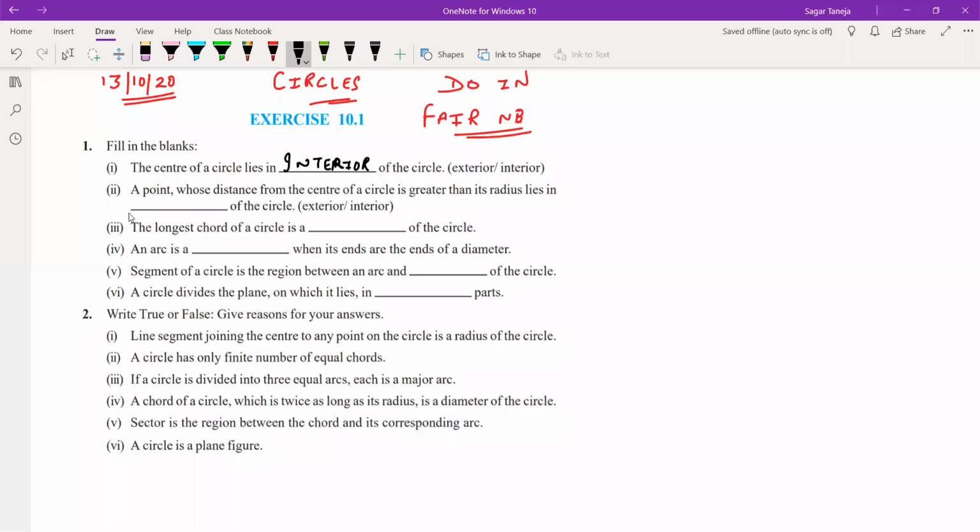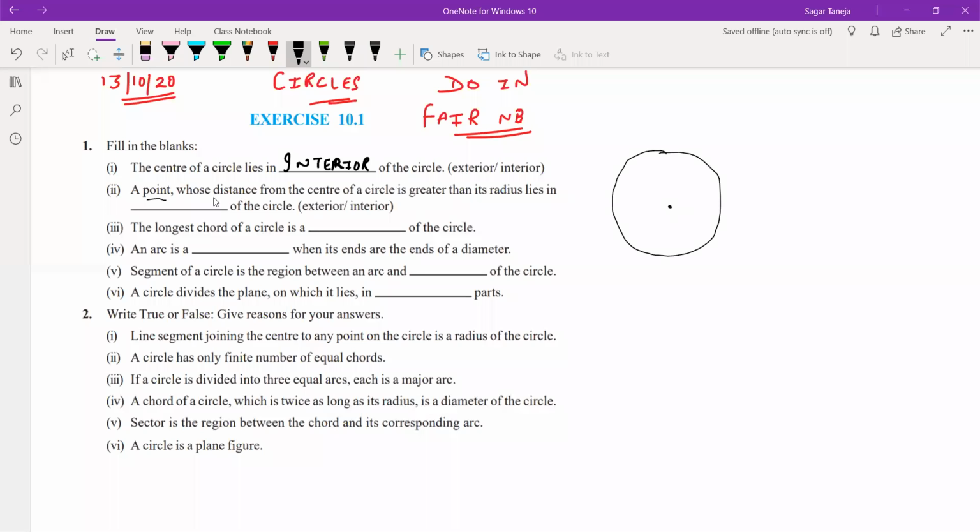A point whose distance from the center of the circle is greater than its radius lies in the dash of the circle. What are they talking about? See this, there is a circle and this is the center.